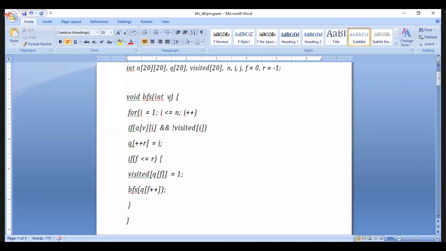it is not visited, so I place it onto the queue. After placing onto the queue, if f is less than or equal to r, visit it, because f is 0 and r is 0. Marking. After marking, again what am I doing? BFS of q of f plus plus. So I am incrementing f plus plus.